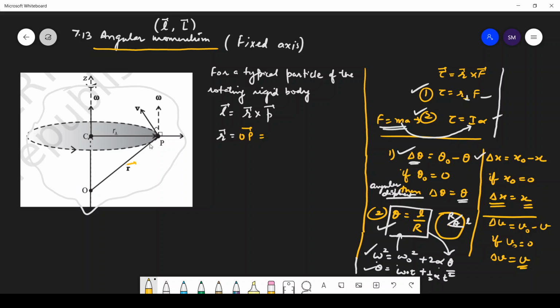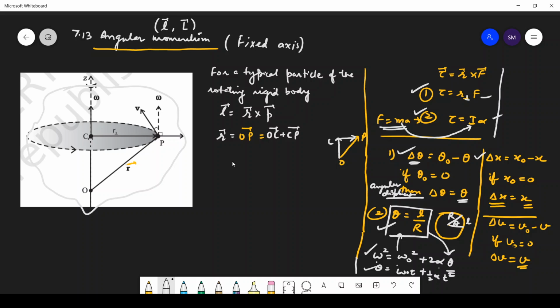How will you write OP? I can write it as OC plus CP. Okay, so that's the triangular law of addition, OC plus CP.